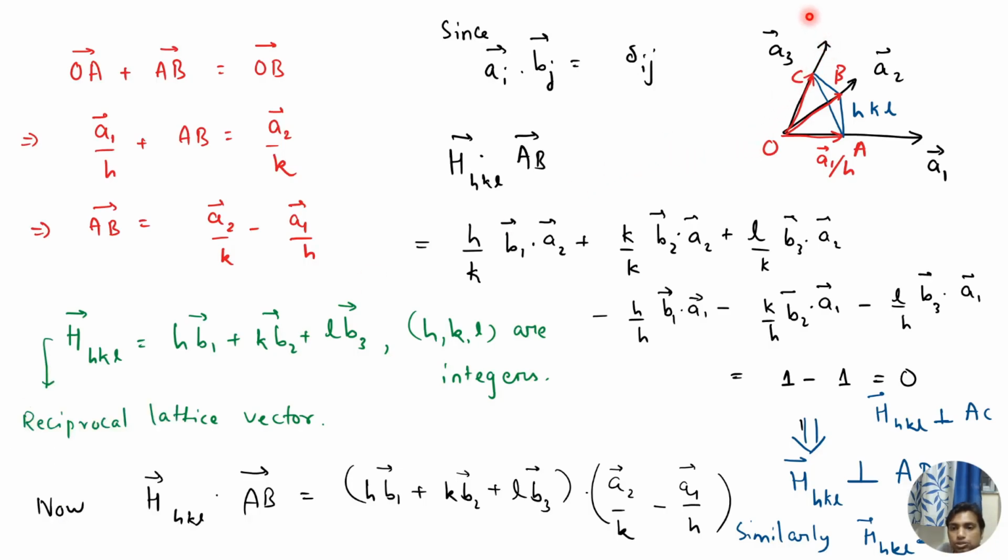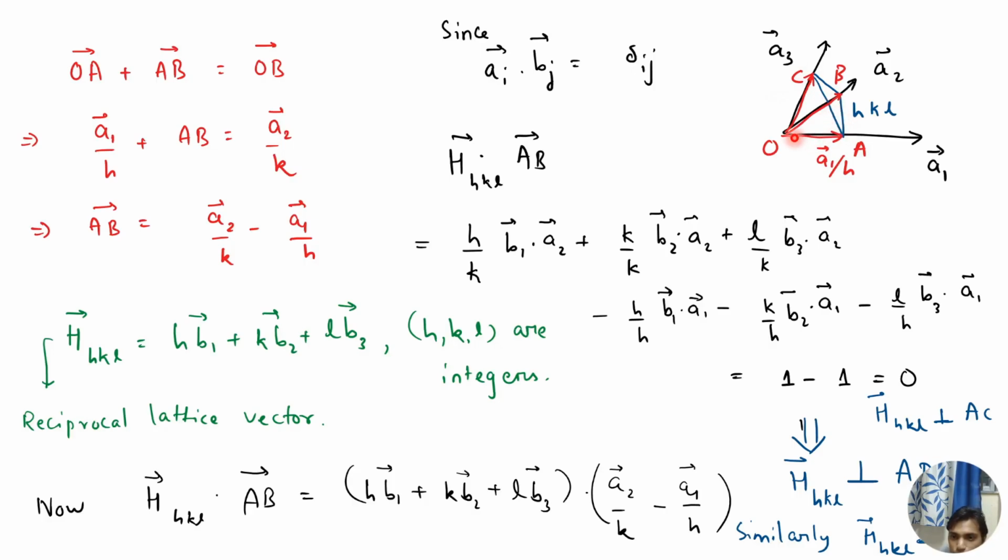If you look at this diagram, this A, B, C constitute a Miller plane hkl. Why? Because this plane intercepts the A vector at a1 by h, the B vector at a2 by k, and the C vector, this a3 vector, at a3 by l.